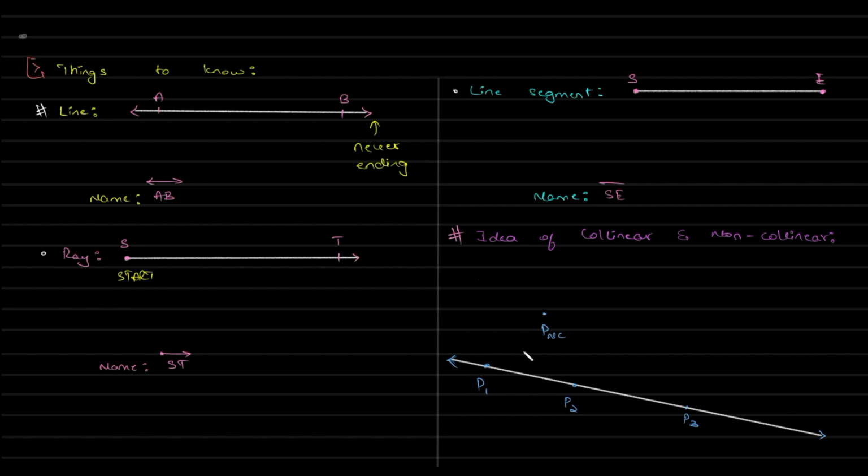Can you guess the difference? Collinear means in the same line. Non-collinear means not in same line. Okay, so that's the difference between collinear and non-collinear.